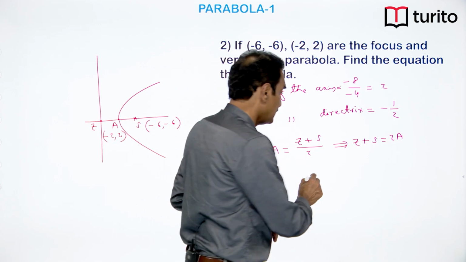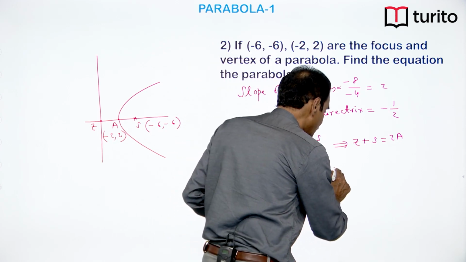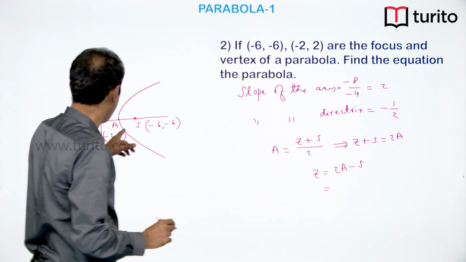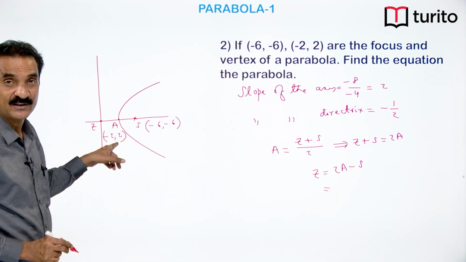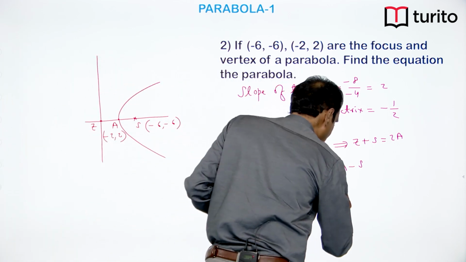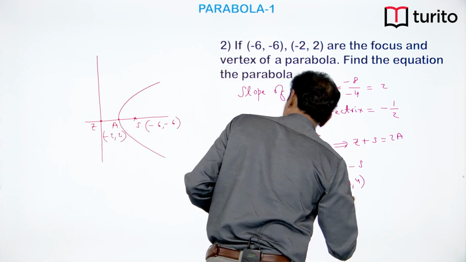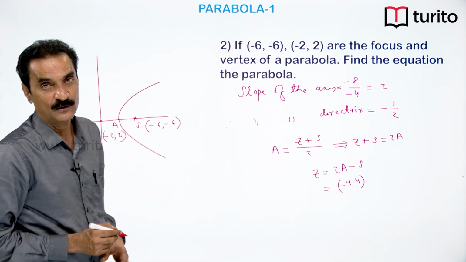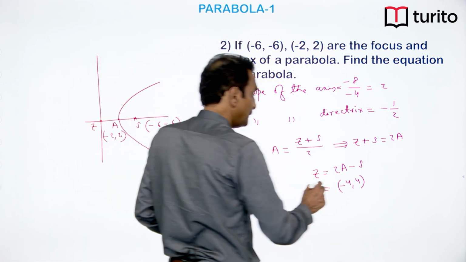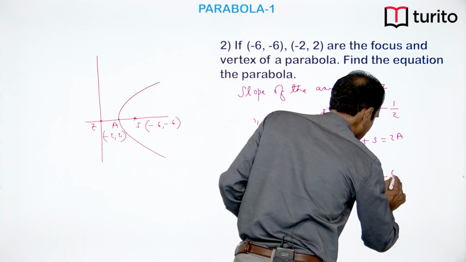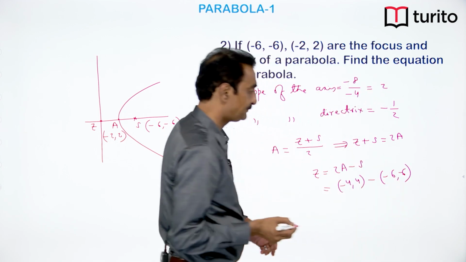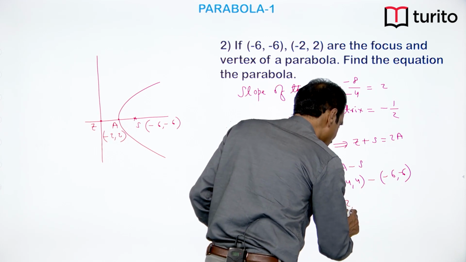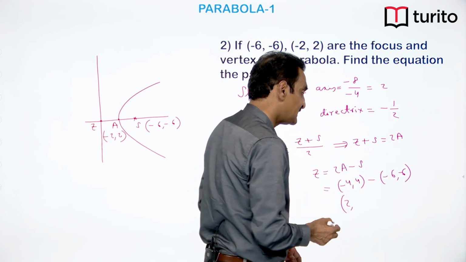We want Z. Z is equal to 2A - S. What is 2A? 2 times the point (-2, 2) is (-4, 4). 2A means multiply the coordinates by 2. Minus S, S is (-6, -6). Then what will you get? -4 + 6 is 2, 4 + 6 is 10.